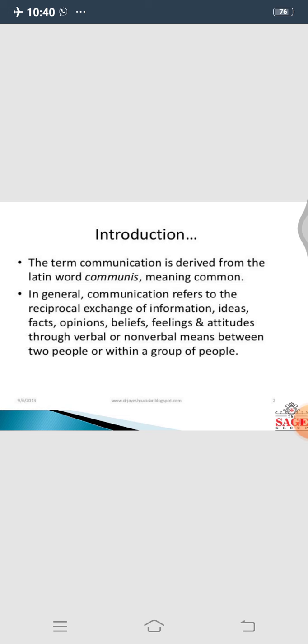In an organization, verbal and non-verbal communication are equally important. So a proper understanding of both will be helpful in managing things in the organization. Till now we have understood that communication basically refers to a reciprocal exchange of information.